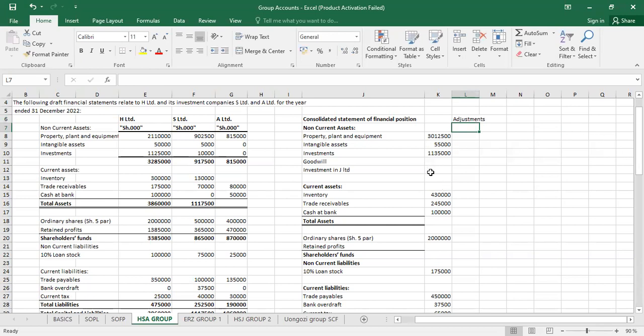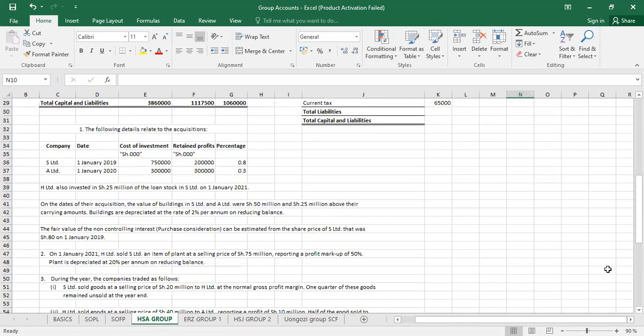So we'll just bring in the adjustments directly. So we go to calculations. The first one is goodwill. For goodwill, the first one we'll use the full goodwill method because we've been told about the fair value of NCI here.